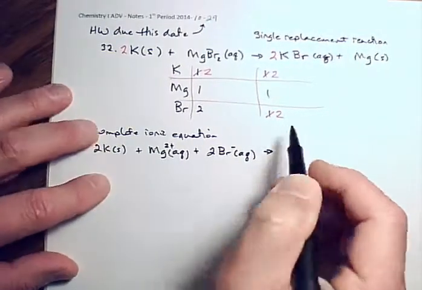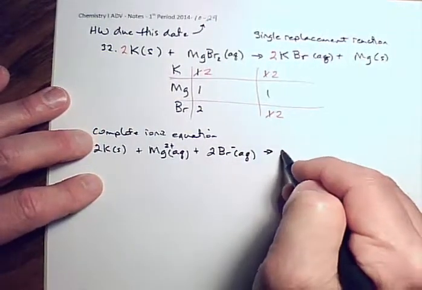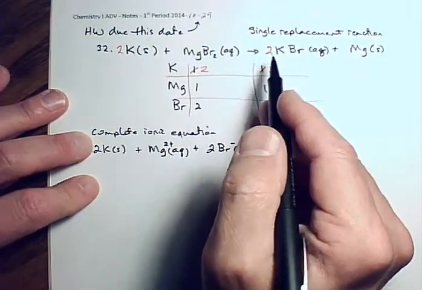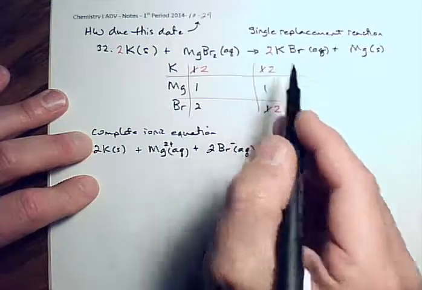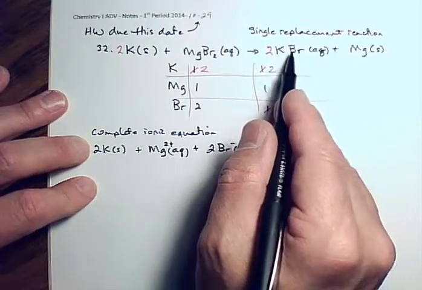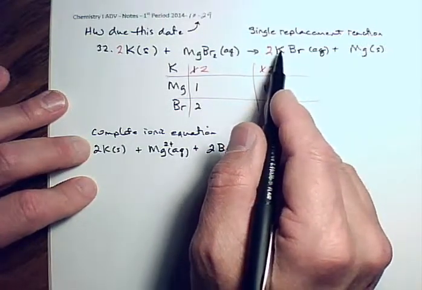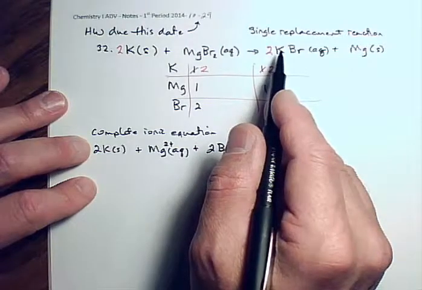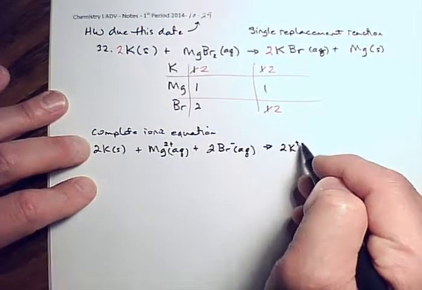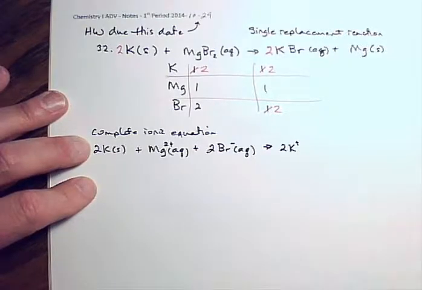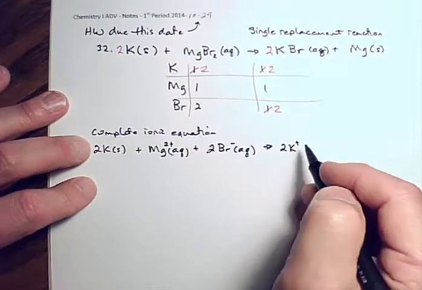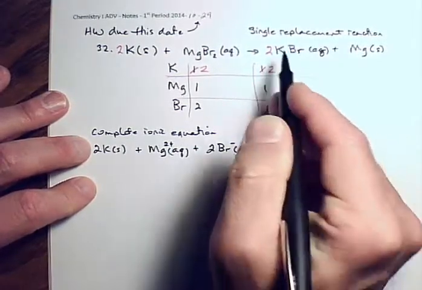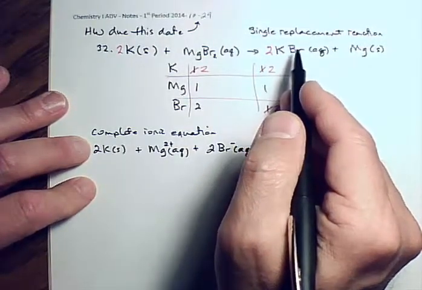And then on the other side over here, I've got 2 potassiums. But now this is not a metal that's solid. This is part of an aqueous ionic compound. This potassium, when it bonded with this bromine, lost an electron and became a 1+ charged ion. Okay? If you remember, this was unit 3 when we learned about that. And then bromine, we just said, has a 1 negative charge.